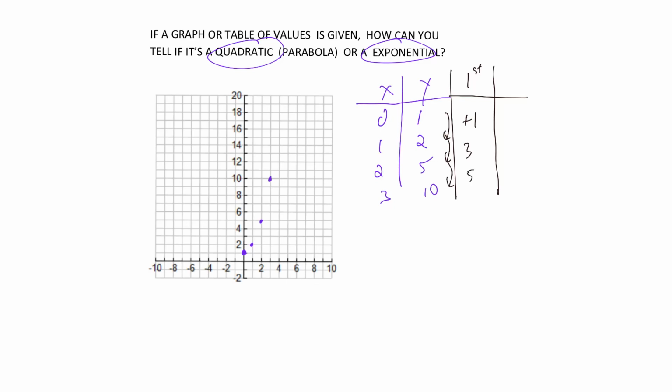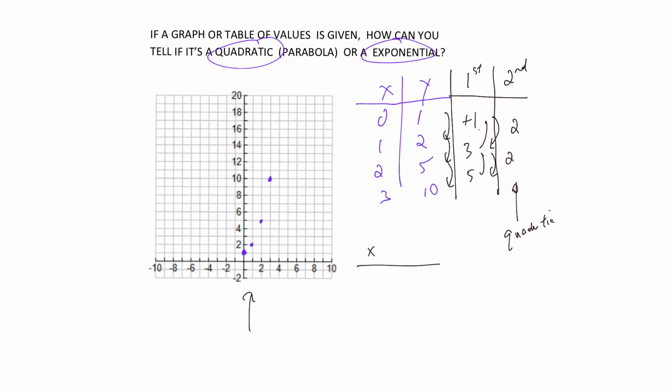So we can tell right away this is not linear because you're not going up by the same amount. And the graph clearly says it's not a straight line. It's a curve. Now the second differences are the following. If the second differences are the same, in this case 3 minus 1 is 2, 5 minus 3 is 2. Because the second differences are the same, we can say that this is quadratic and it's not exponential.